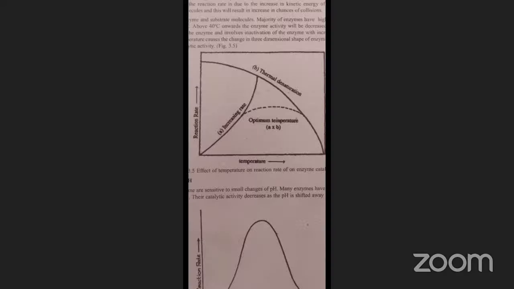Next are the factors affecting enzyme activity. As already discussed, substrate concentration, enzyme concentration, temperature and pH all affect enzyme activity. First, substrate concentration. The enzyme-catalyzed reaction shows a saturation effect with increasing substrate concentration when the enzyme concentration is kept constant.